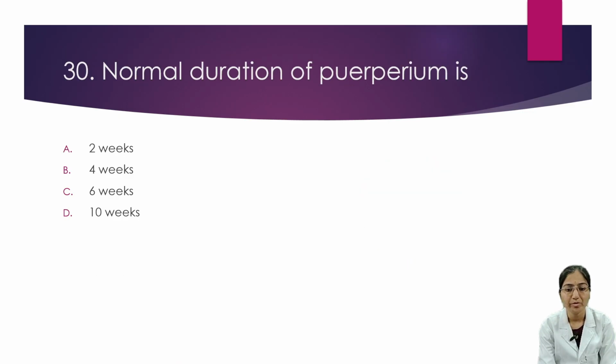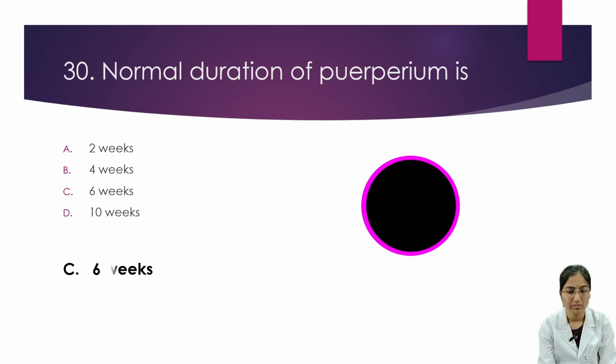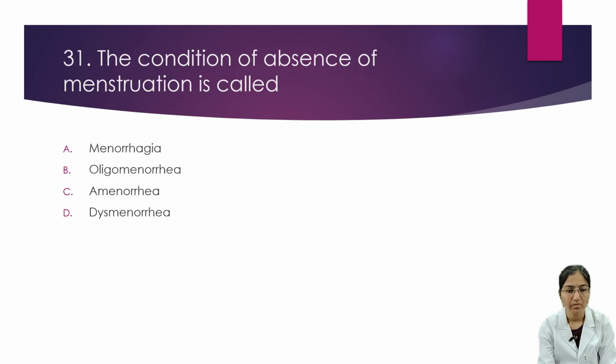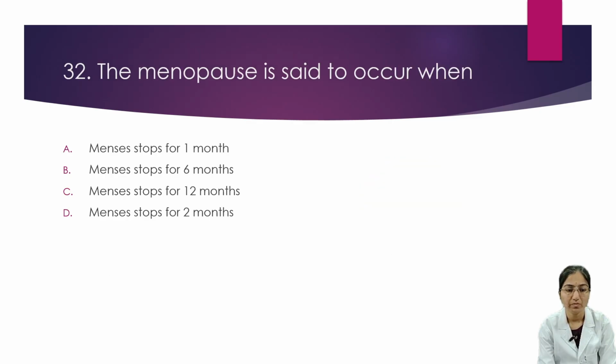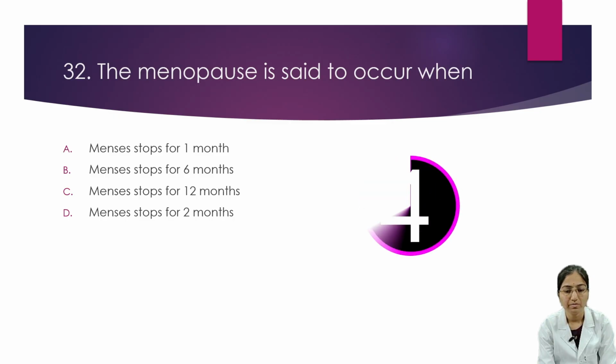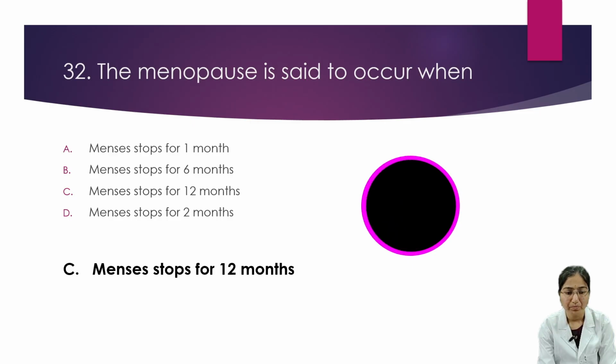Normal duration of puerperium is 6 weeks. The condition of absence of menstruation is called amenorrhea. The menopause is said to occur when menses stops for 12 months.